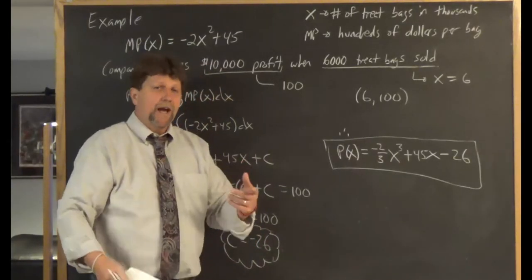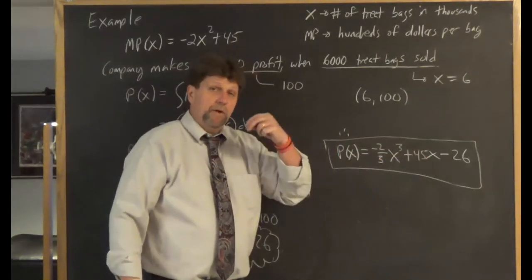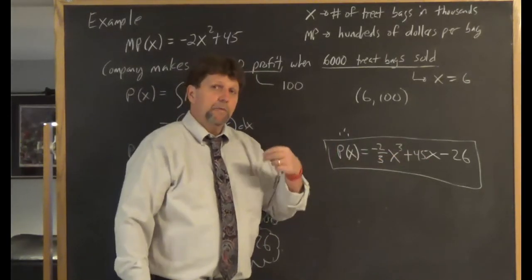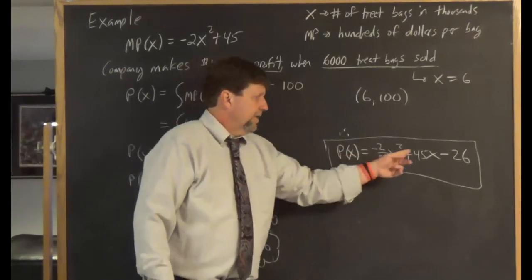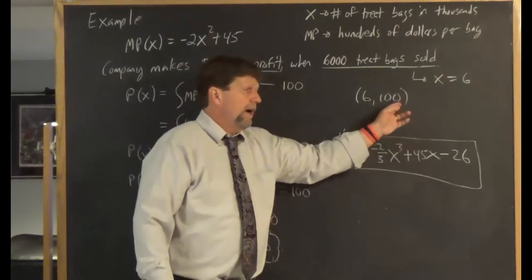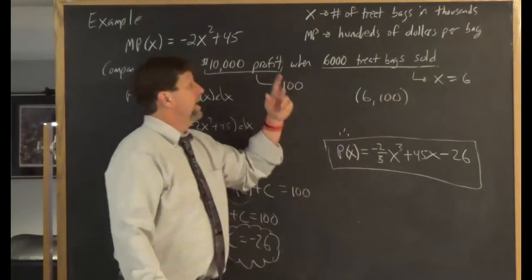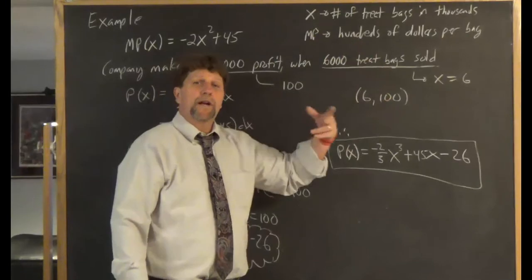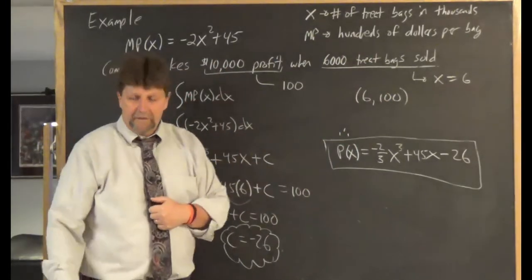And do a quick check. Put 6 in for the x, representing 6,000 bags of treats, to make sure 100 comes out. And that 100 would be in hundreds of dollars. So 100 is $10,000 in profit.